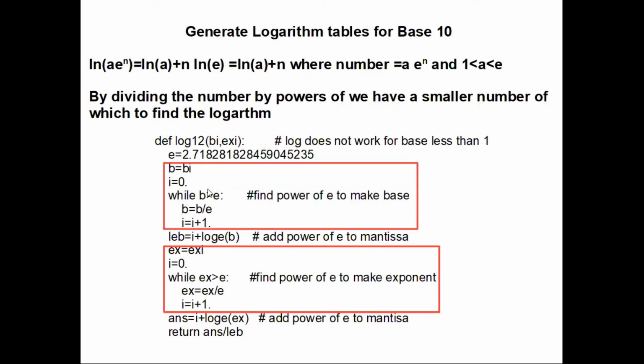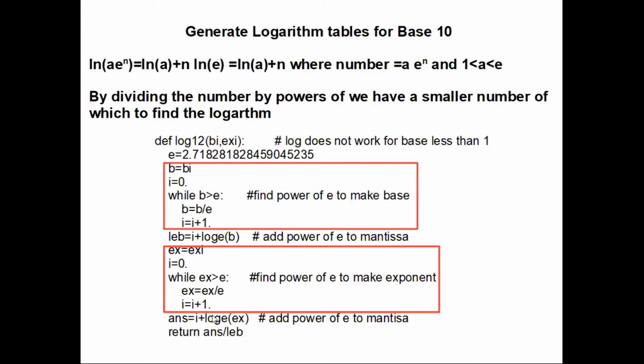And what we do again here is we get rid of the integer portion of our number that we're taking the logarithm of. Okay, and then we also, here we've done it with the base, we now do it with the number itself. And you'll see that this logic and this logic are identical.